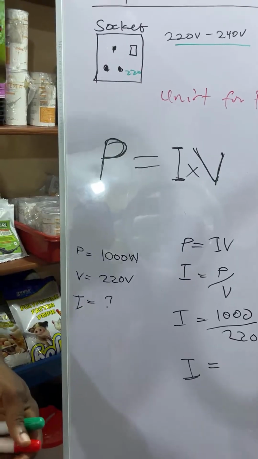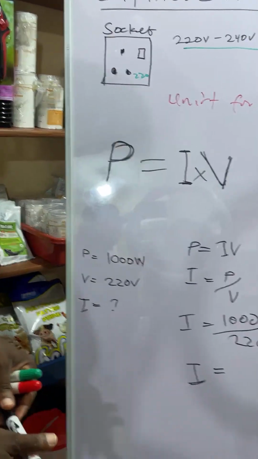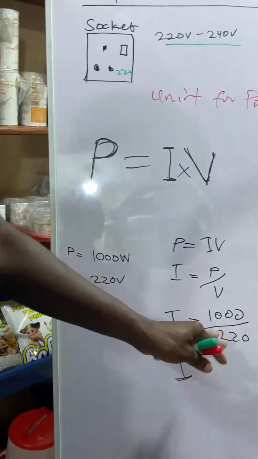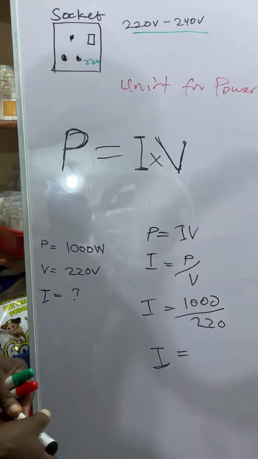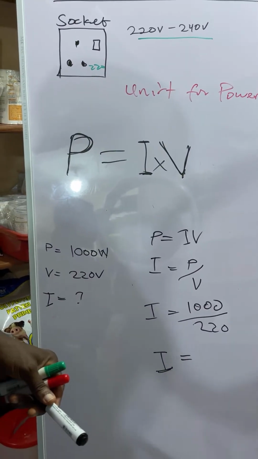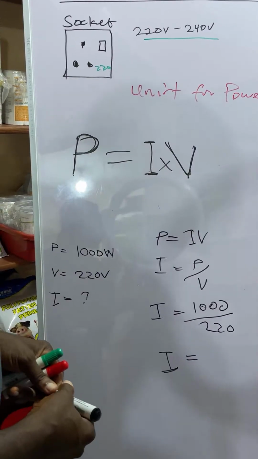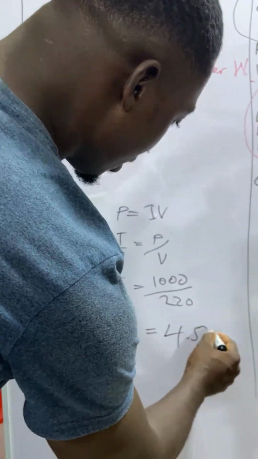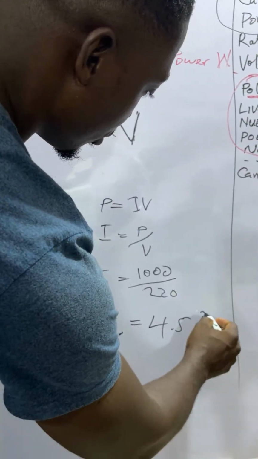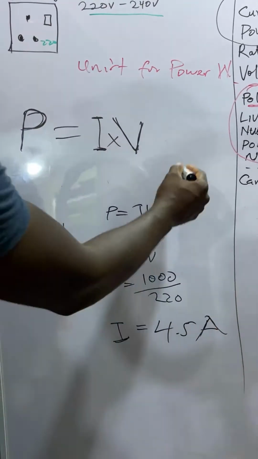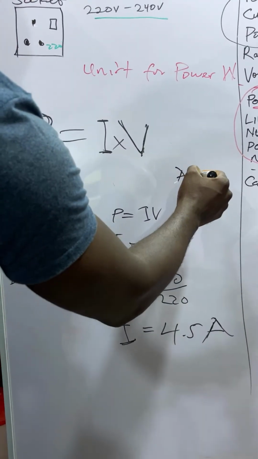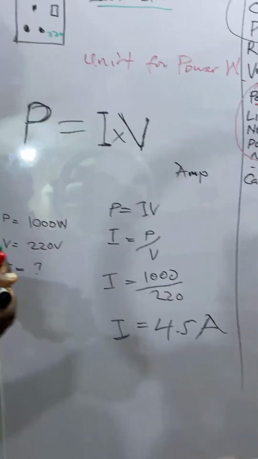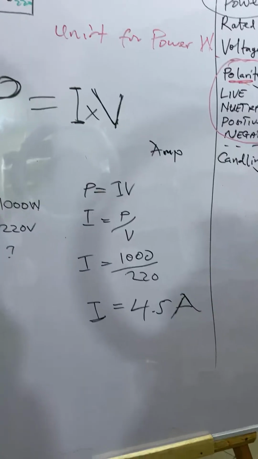It's 4.5, and the unit is capital A, amps, or ampere.